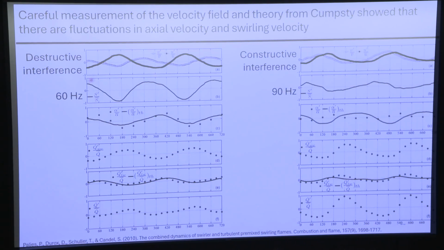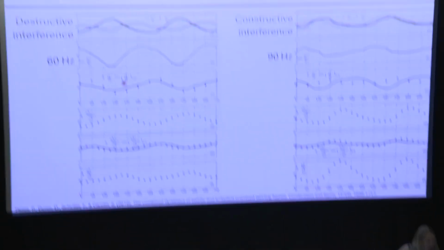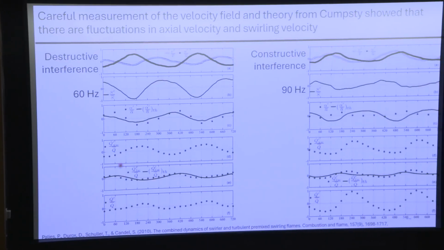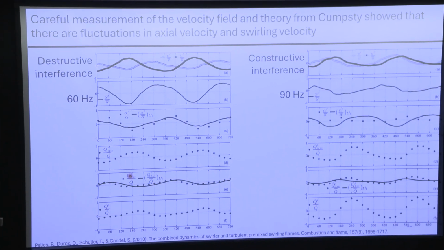You can see for these, there's a pretty significant swirl number fluctuation. They measured the fluctuation in the flame angle, which is a result of this boundary condition. And then they measured the fluctuation in the heat release rate because of it.